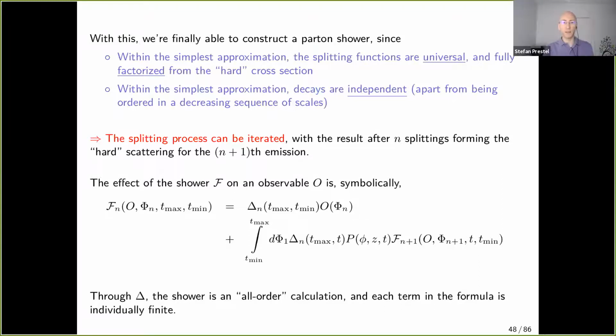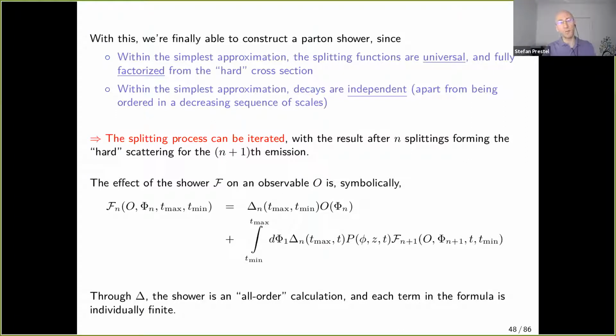And the reason for that is that the highest scale that you're interested in is given by the largest energy transfer, momentum transfer, so the hard scattering cross-section, which you've already calculated previously. So the idea is that in order to attach a shower to a hard scattering cross-section, it's better to start at a high scale and move down rather than starting at a low scale and trying to move up and hit this high scale somewhere.